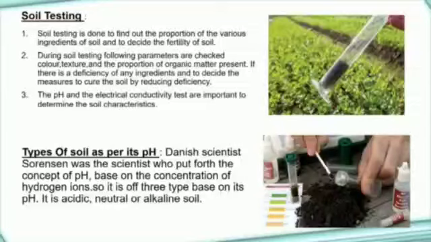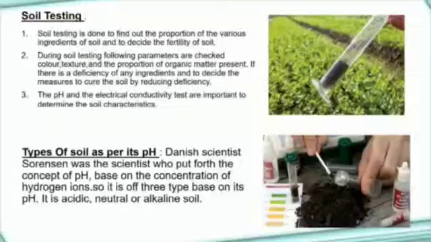Now let's know about types of soil as per its pH. A great scientist, Danish scientist Sorensen, put forth the concept of pH based on the concentration of hydrogen ion. To determine the pH of soil, a mixture of water and soil in the proportion of 1:2 is taken and tested using several indicators.